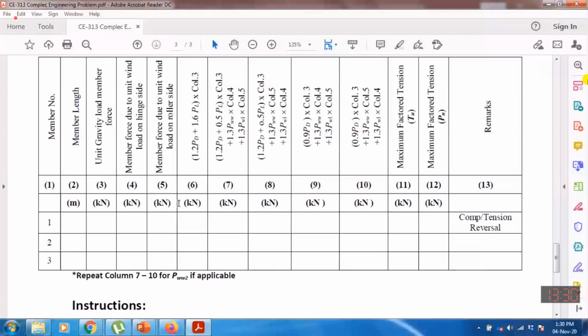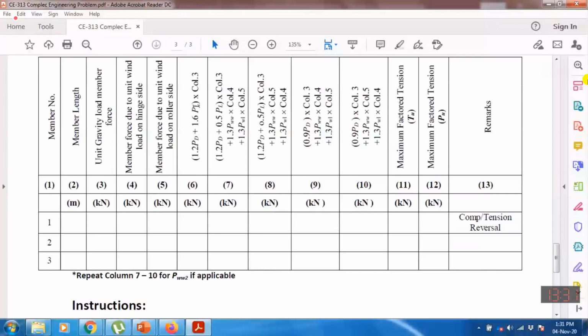So this is the first column, which is the factored load for combination number 1. I have already explained. You already have the panel dead load and live load, so you will multiply the panel dead load by 1.2 and add 1.6 of the panel live load. Both are gravity loads.